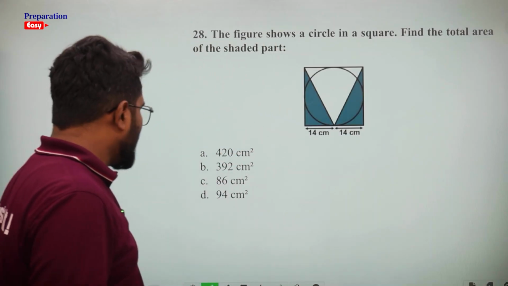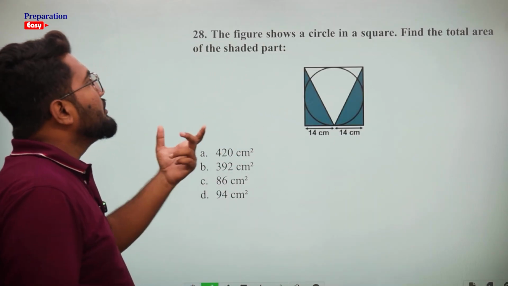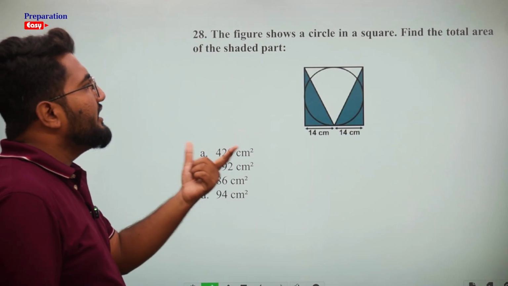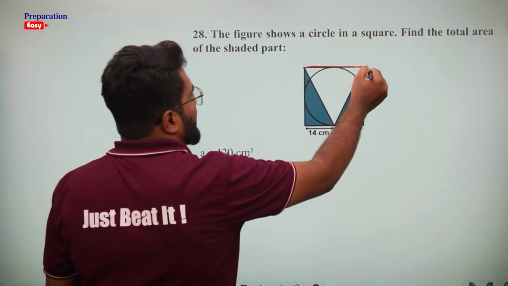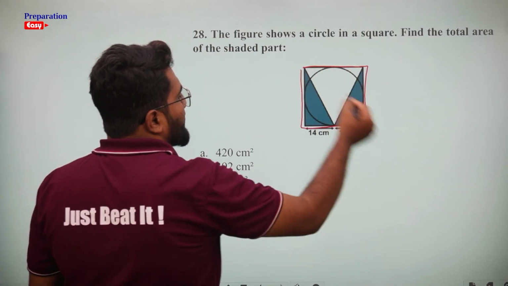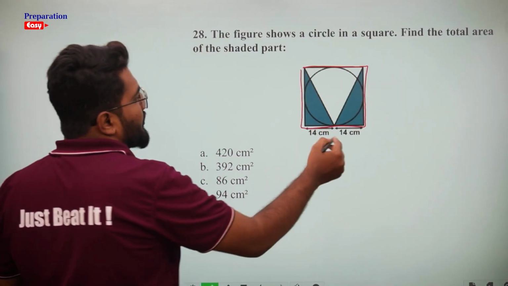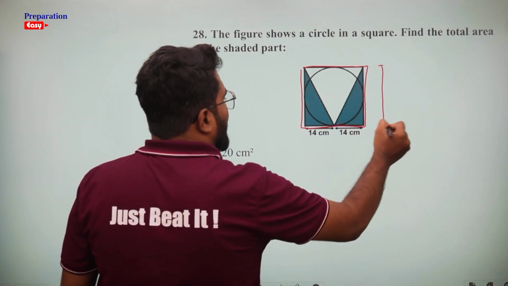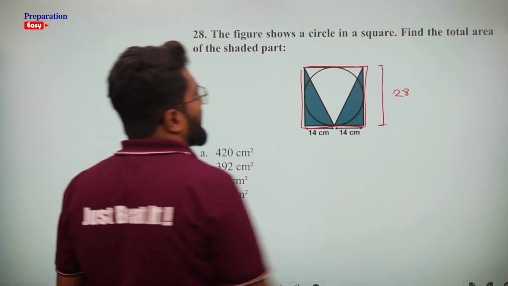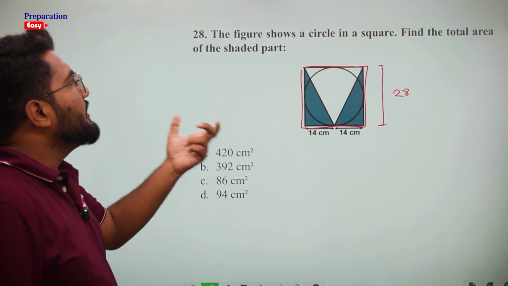That is question number 28. The figure shows a circle in a square. Here is a square. The outer side is square. Okay. This is a square with each side 14 and this is 14. So total will be 28. Okay. Then find the total area of the shaded part.